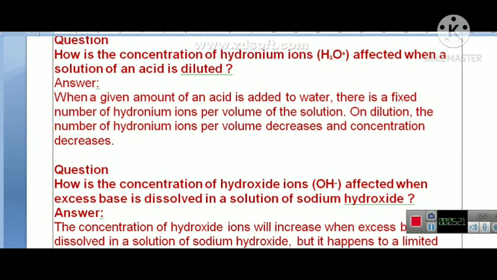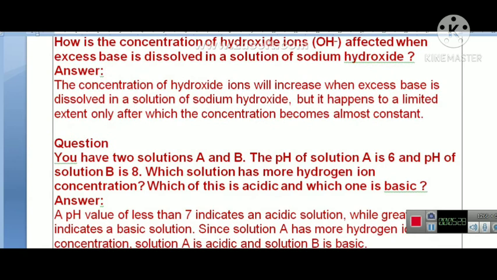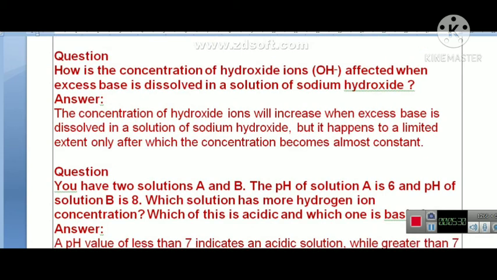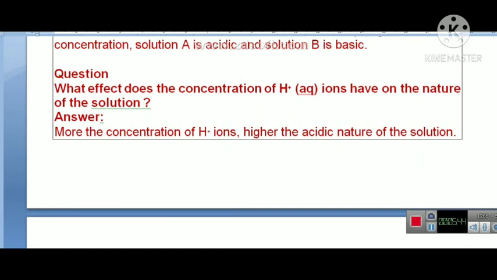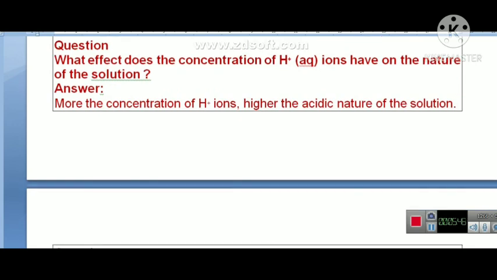How is the concentration of hydronium ions? How is the concentration of hydroxide ions, that is OH minus? You have two solutions, A and B. What effect does the concentration of H plus in aqueous solution have on the nature of the solution?